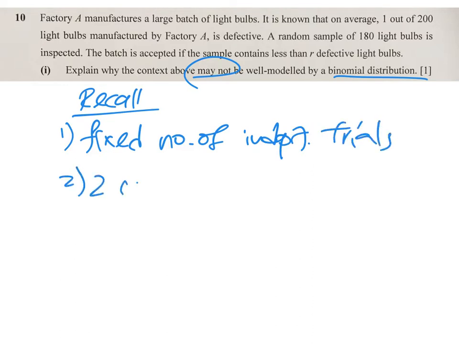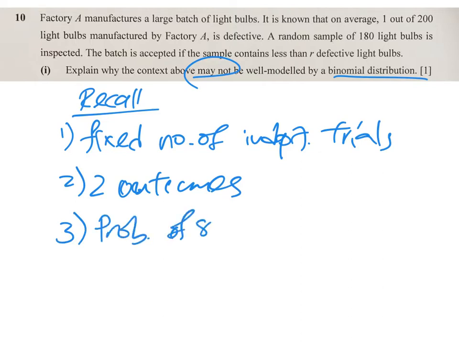Secondly, there are two outcomes measured by success and failure. In this context, success or failure may mean the light bulb being defective or non-defective. And lastly, the probability of success is constant for each trial.